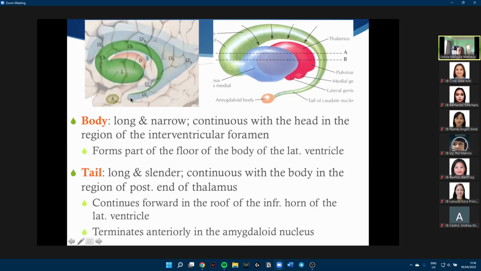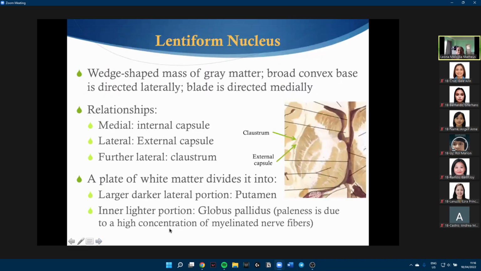So, those are the relationships between your caudate nucleus and the lateral ventricle and the structures contiguous to it. Again, don't forget, the head is contiguous with the putamen of the lentiform nucleus, and the tail is contiguous with your amygdaloid body. Now, let's look at the lentiform nucleus.